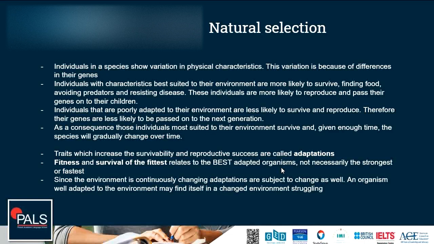As a consequence, those individuals which are best suited to their environment are more likely to survive and reproduce, and given enough time, the species will gradually change, and we will find more and more of the trait that allows better survival and a higher rate of reproduction. These traits that increase survivability and reproductive success are called adaptations.